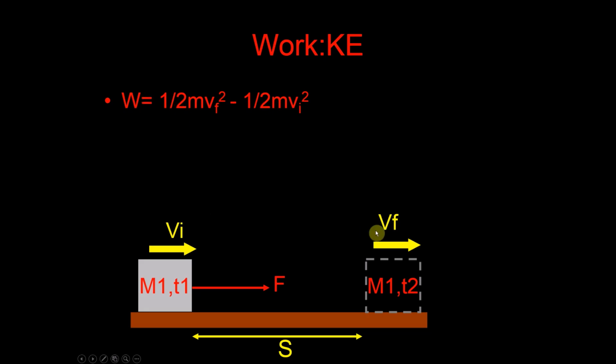So if we know what Vf is, and we know what Vi is, and we know that the mass remains constant, we can make the statement that work is equal to half m Vf squared minus half m Vi squared. So work is delta KE, a change in energy. So KEf, our final kinetic energy, minus our initial.